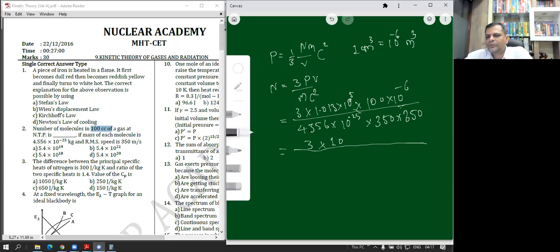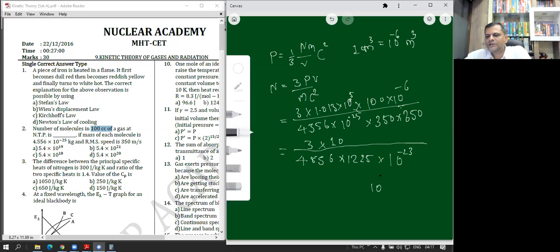So here now 4.556 into 350 into 350. The square of 35 we know is 1225, correct? So this becomes 1225, and that is multiplied by 10 raised to 2, and here 10 raised to minus 25 combines with 10 raised to 2 so that this 10 raised to minus 23 goes up and becomes 10 raised to plus 23, into 10 raised to 1 comes out to be 10 raised to 24 as a final.